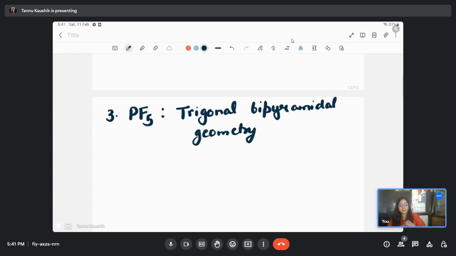Only then will we be able to find out the correct symmetries in that molecule.